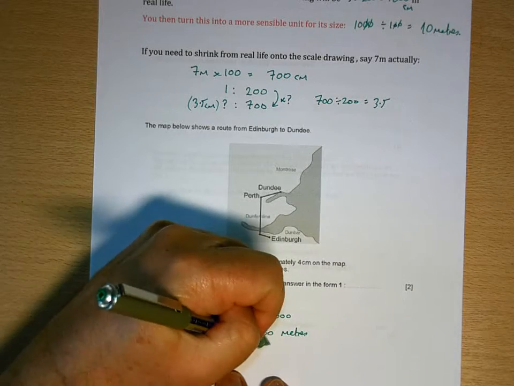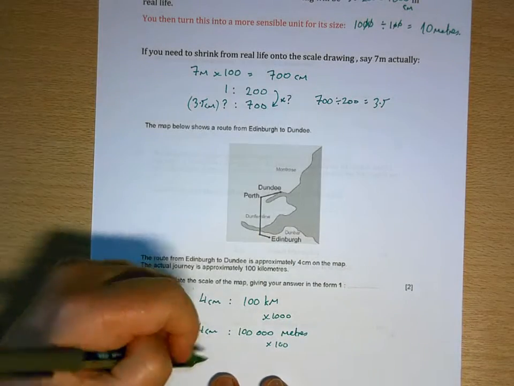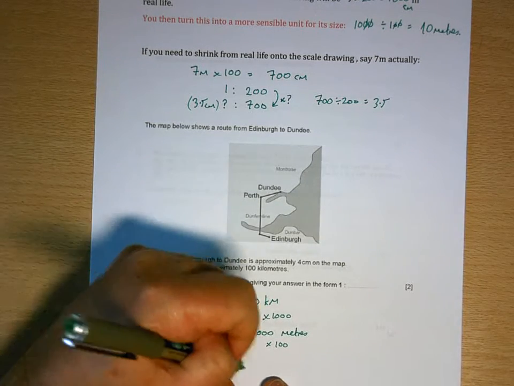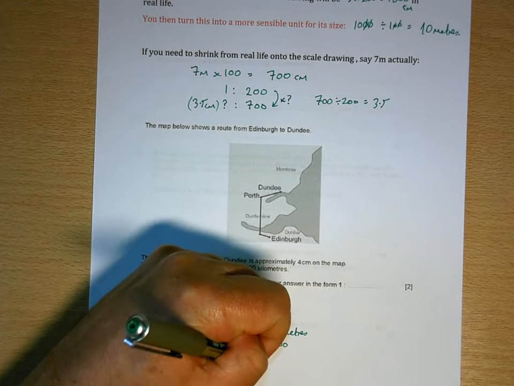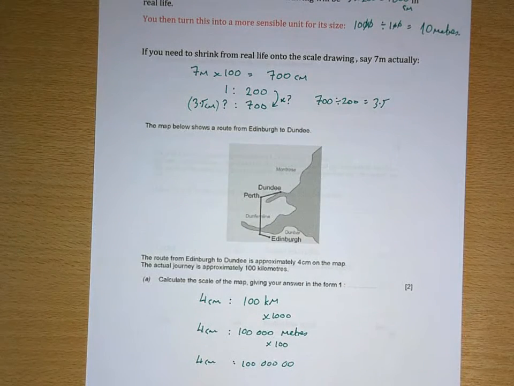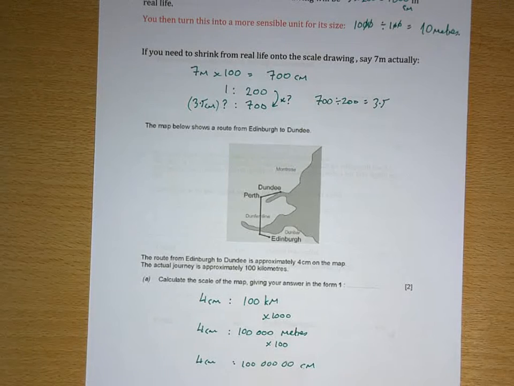Centimeters and meters, they're still not the same. I know there are 100 centimeters in a meter, so that means my 4 centimeters is equivalent to 10 million centimeters. Now I've got them both in centimeters.